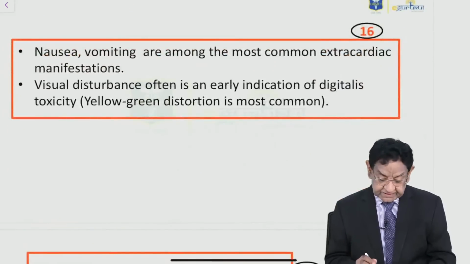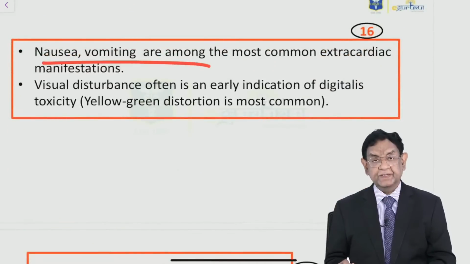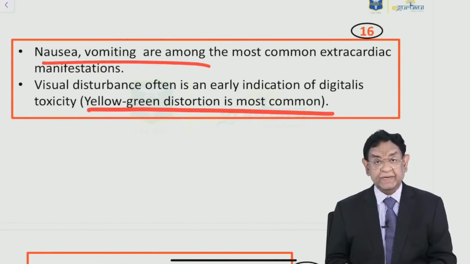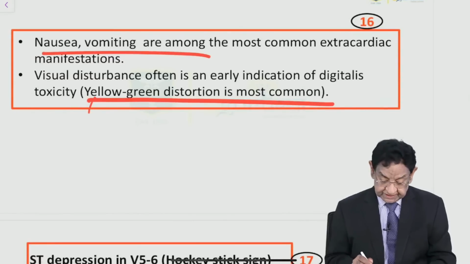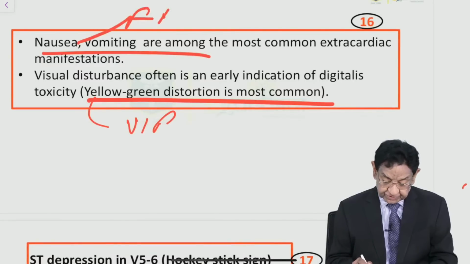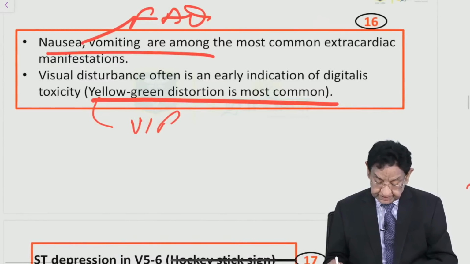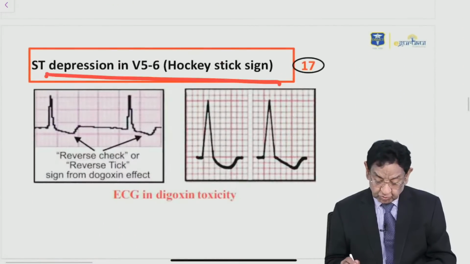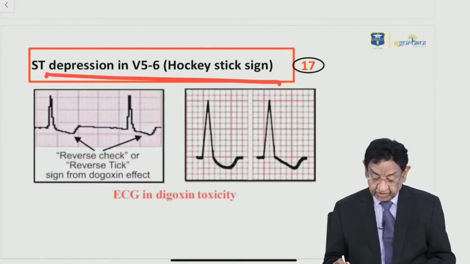Earlier side effects are nausea and vomiting. Visual disturbance, yellow-green discoloration, is very common in digoxin toxicity. This again is a very frequently asked question, a VIP question. Now, in ECG, you get ST segment depression, the so-called hockey stick sign, or reverse tick mark sign.